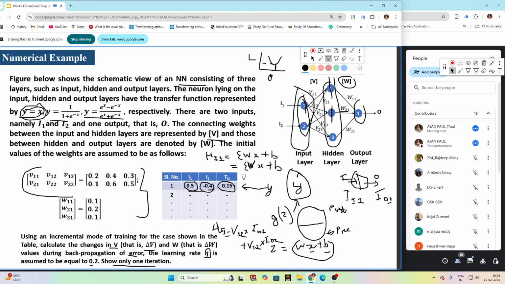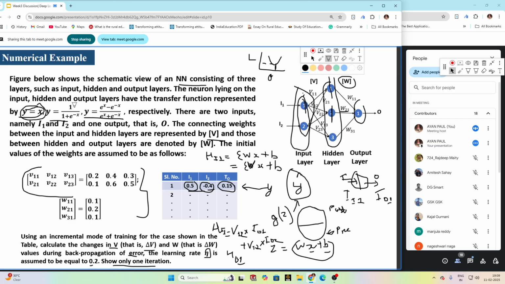Now sigma vx, that means v11 into io1 plus v12 into io2 will be equal to your input portion of the hi1, that is hi1. And how we can calculate ho1?